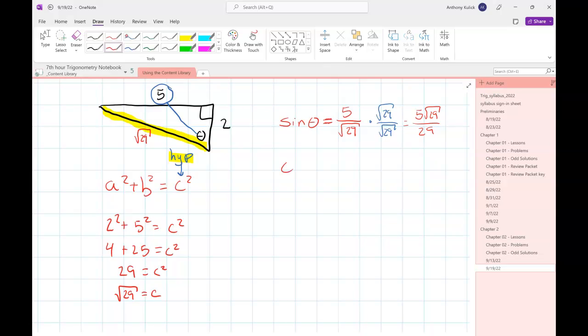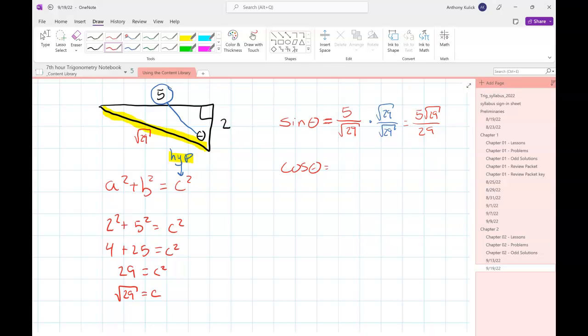This will pick up here because it's not so hard after we've done the first one. Cosine theta. What am I going to write? Can you guys help me? I know it's Monday. So cosine is adjacent over hypotenuse. Great.